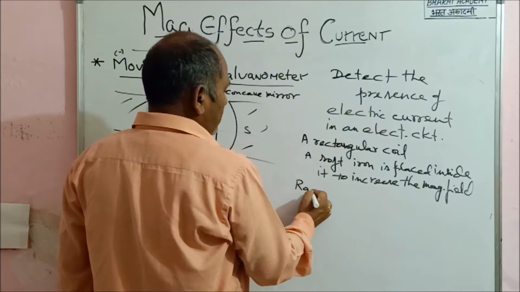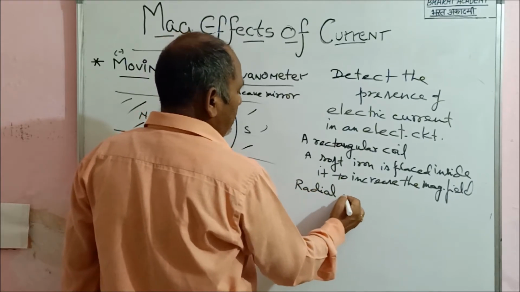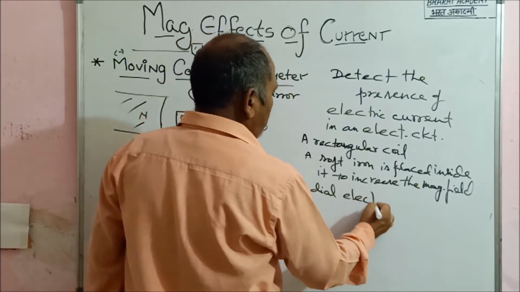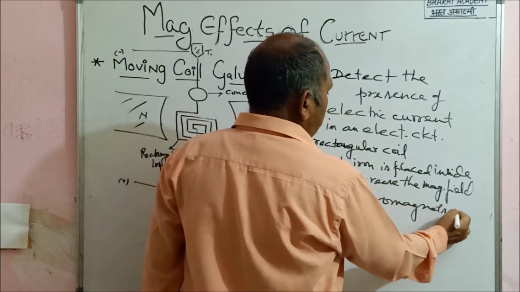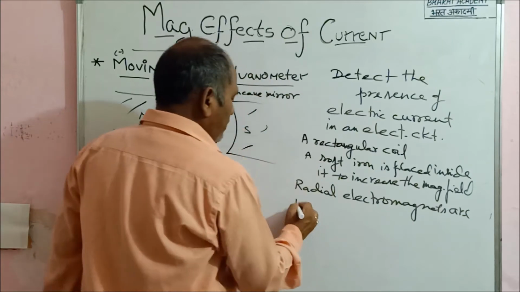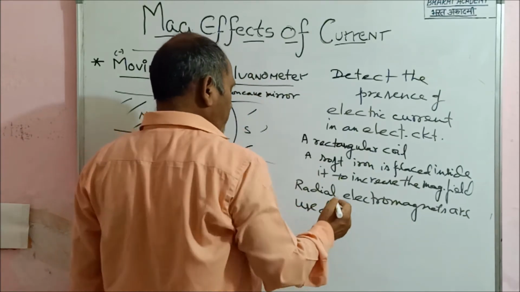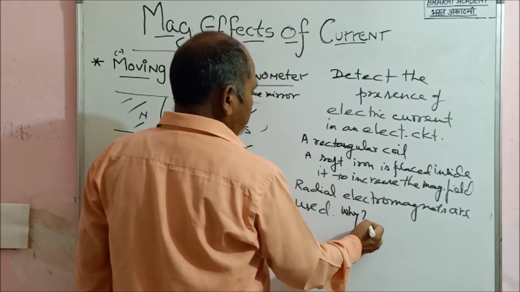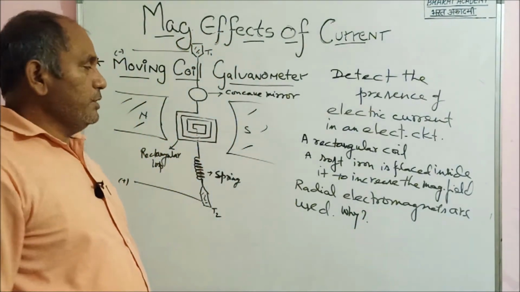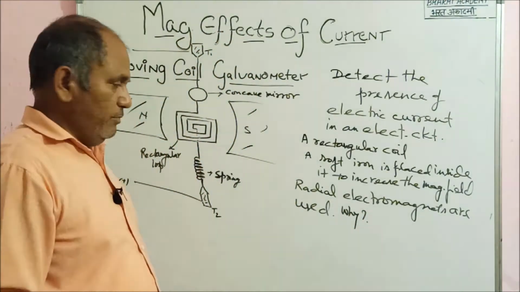Next part is the radial magnetic field. Radial electromagnets are used. Most of the time they ask the question, why radial? While using the radial magnetic field, what happens?